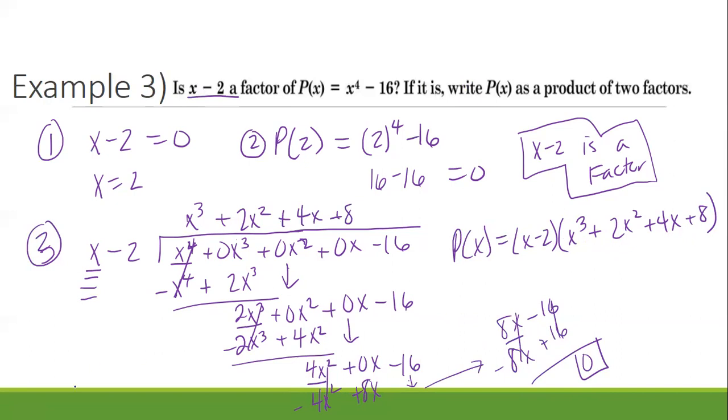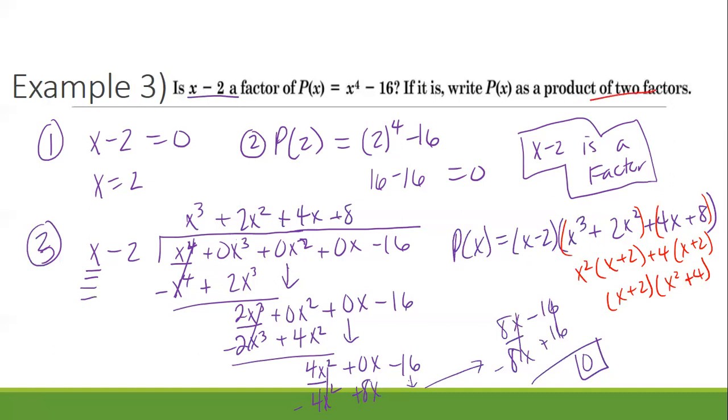So if I was to continue with grouping, I have x cubed, 2x squared, 4x, and 8. That gives me x squared times x plus 2, plus 4 times x plus 2. And then that gives me x plus 2 times x squared plus 4. So if I wanted to completely factor, boom.